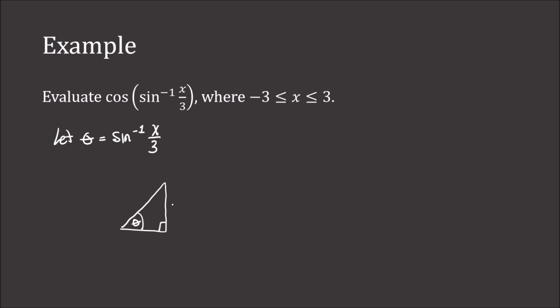Sine is opposite over hypotenuse, so our missing length will be the square root of 9 minus x squared. Then the cosine of theta, which is adjacent over hypotenuse, is the cosine of the inverse sine of x over 3, and we get the square root of 9 minus x squared over 3.